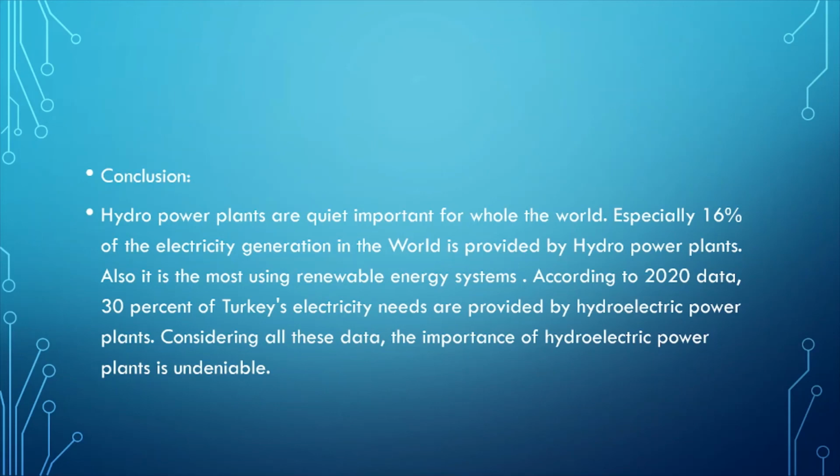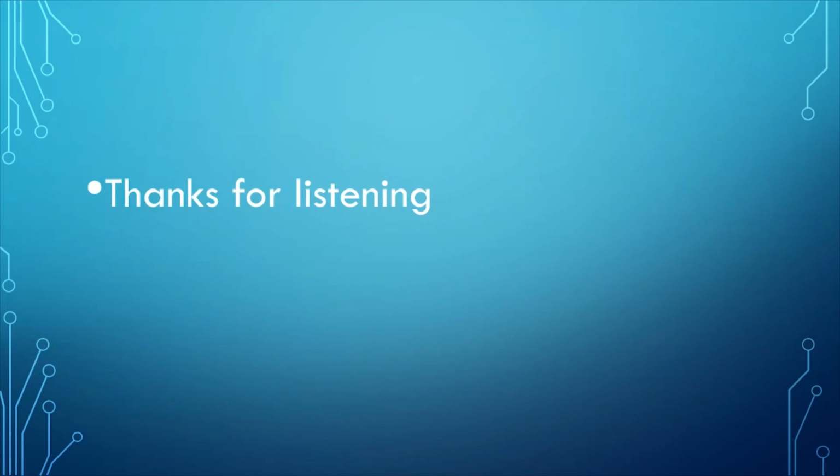According to 2020 data, 30% of Turkey's electricity needs are provided by hydroelectric power plants. Considering all these data, the importance of hydroelectric power plants is undeniable. Thanks for listening.